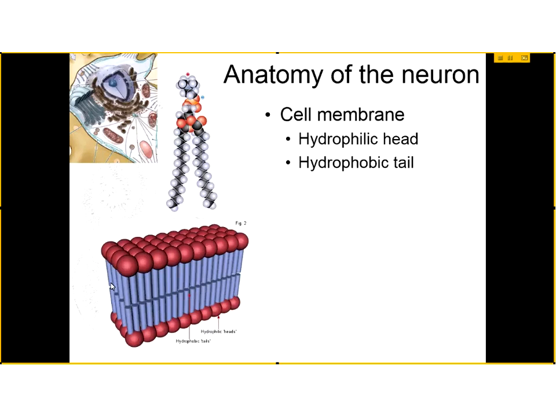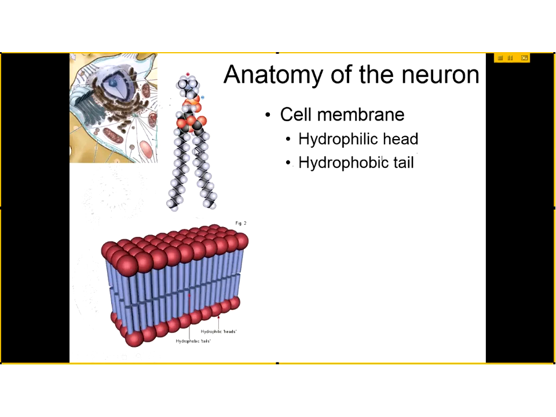It's formed by a phospholipid bilayer. This is a diagram of a phospholipid, and we see there's a head, and then there's these tails. What's interesting is the head of it is hydrophilic. That means the head likes to be next to water. And it has a hydrophobic tail.